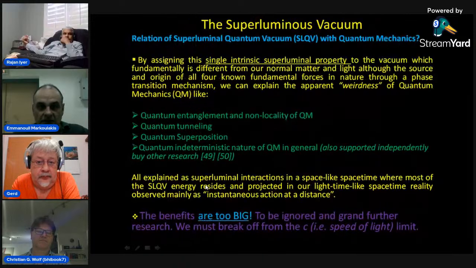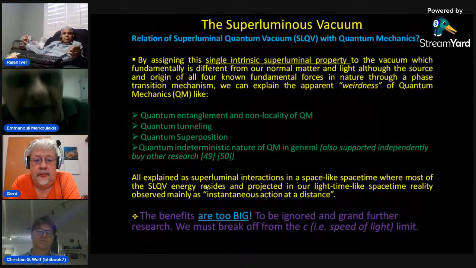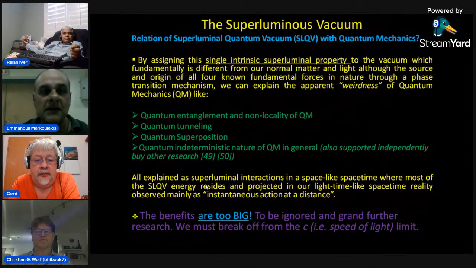Okay, so this, I believe, is the last slide: the superluminal vacuum. We will now explore the relation of the superluminal quantum vacuum we theorize with quantum mechanics.